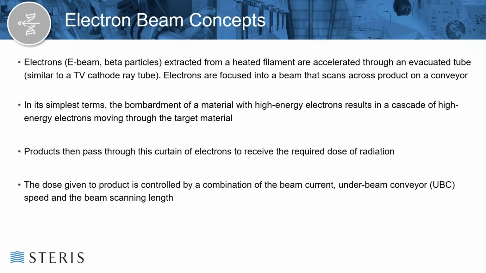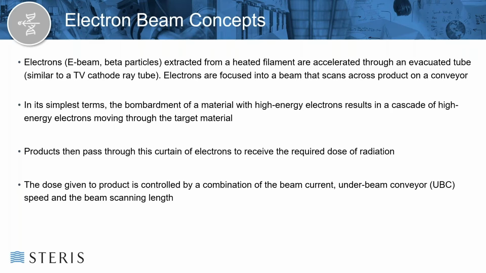So our electron beams that we use for industrial sterilization operate in a similar fashion. We have a heated filament, electrons are boiled off of it, they're extracted and they're accelerated. But a difference is that our electrons in our processes don't simply hit the target window and activate phosphors and create light of different colors so you can see a picture.